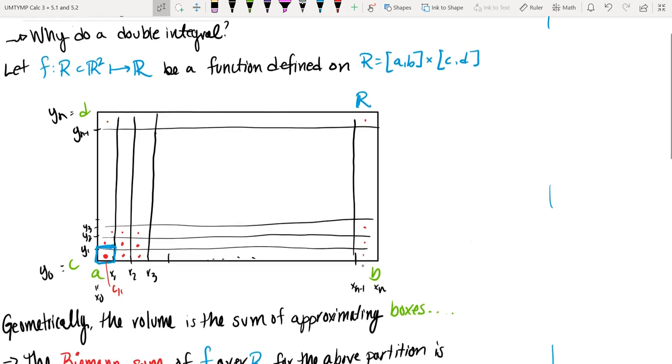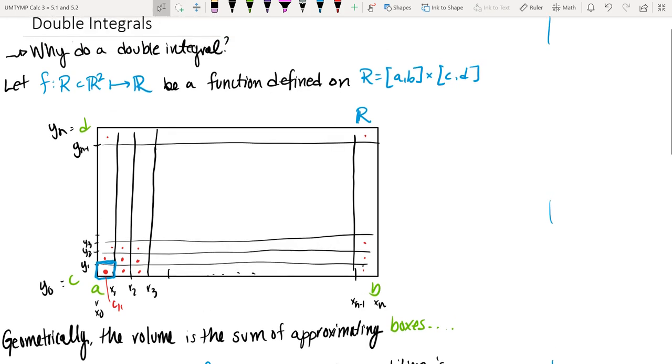So really, geometrically, each of these regions, when I extend them up, creates a box. If I take each of these regions up and compute the total volume, the volume really is just the sum of the boxes.